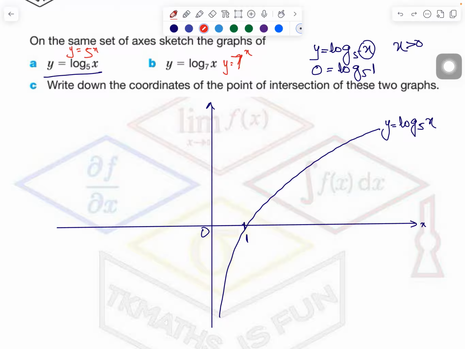Okay. So now the question is saying write down the coordinates where it will intercept the two graphs. So it will intercept at this point.